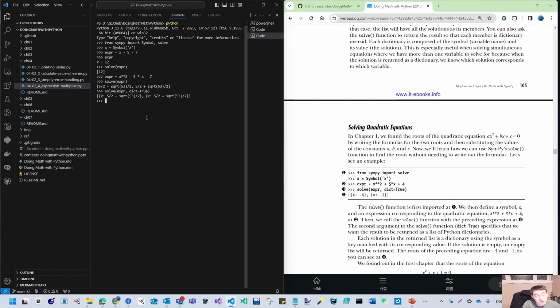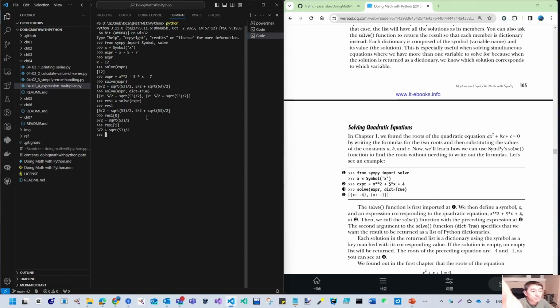So if I set resolution 1 equal to solve of the expression, then resolution 1 is a list. We can use the list to call the first result, and when I use index 1, that's the second result.